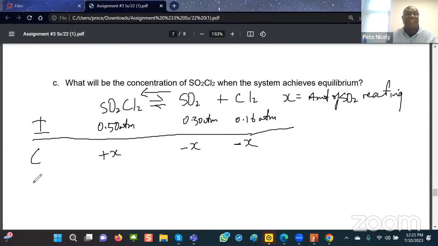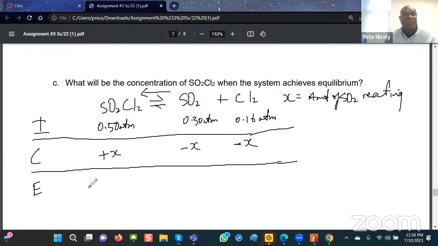So we can write down different expressions for the different components at equilibrium. In the case of SO2, at equilibrium, the pressure would be 0.50 atmospheres plus X. For the SO2Cl2, that would be 0.30 atmospheres minus X. And for the Cl2, that would be 0.16 atmospheres minus X.